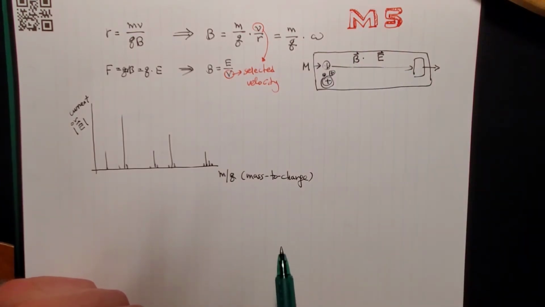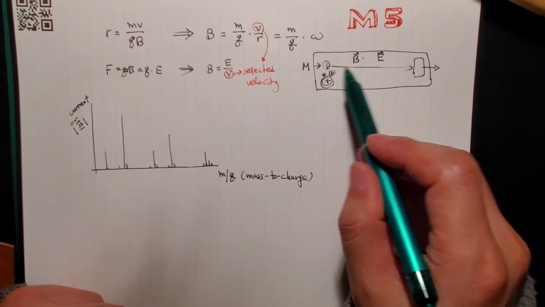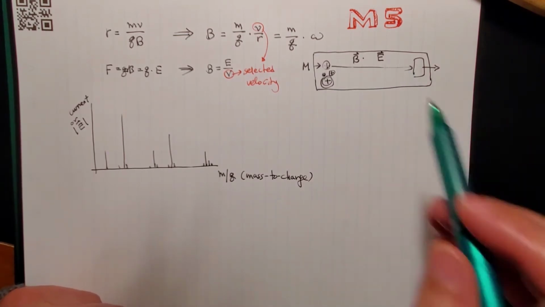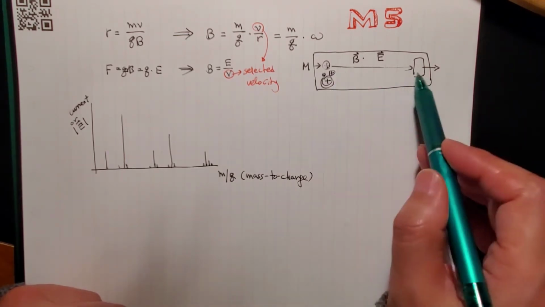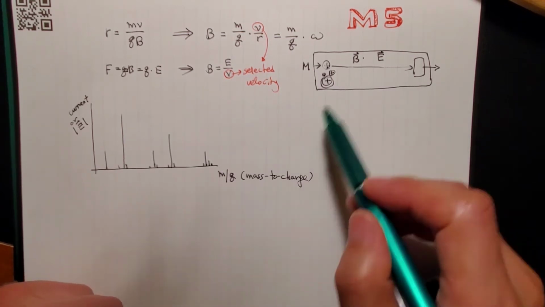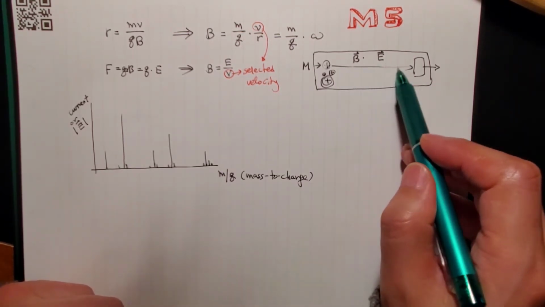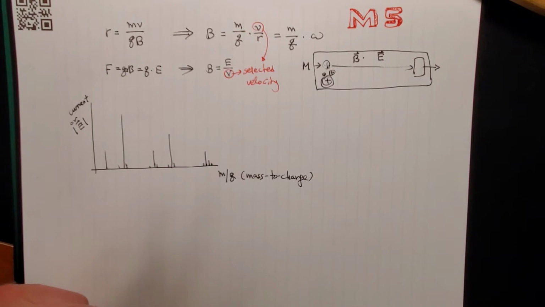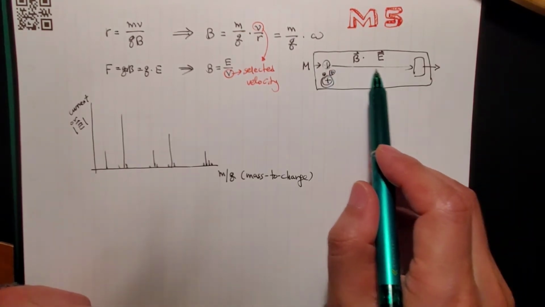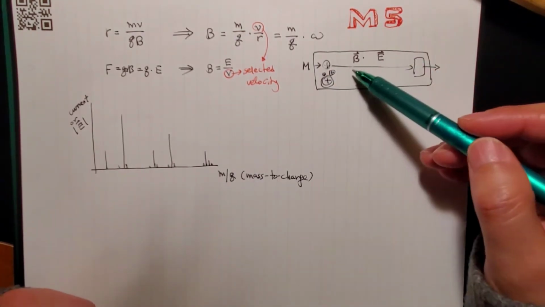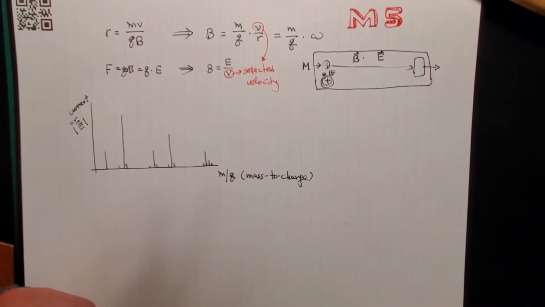While they're flying, in order to reach the detector, we have them move around. We can have them move just straight, time of flight, or we can have them oscillate, quadrupole. We can have them curve. We can have them move in a cup.